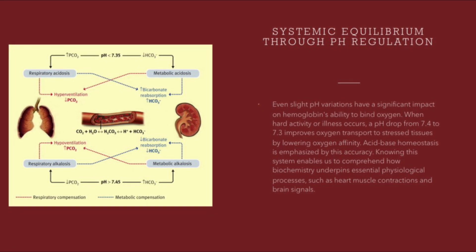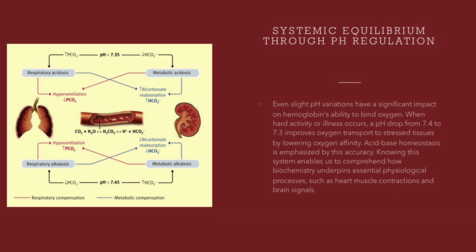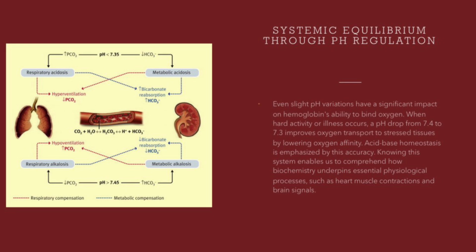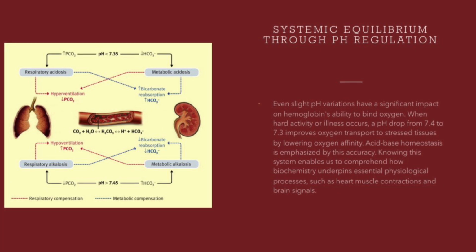To get rid of carbon dioxide, your lungs will breathe more quickly, and your kidneys will adjust the amount of bicarbonate. As a result of variations in the pH, the structure of hemoglobin is altered, which in turn alters the degree to which it is able to bind to or release oxygen. Under the supervision of this system, oxygen is transported to the appropriate location at the appropriate time.